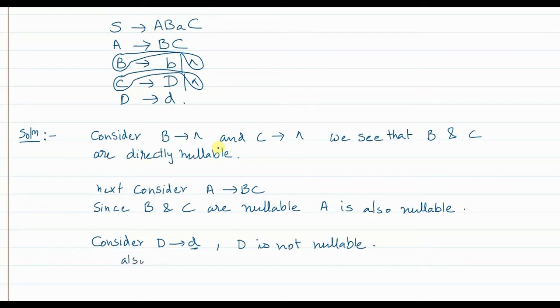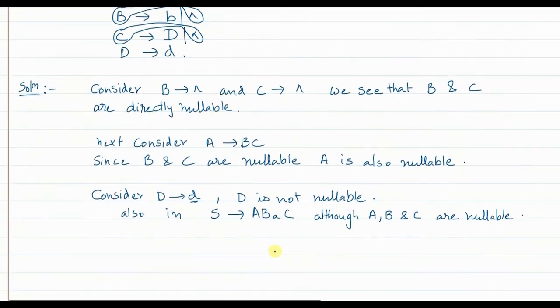Also, in the production S gives ABAC, although A, B and C are nullable, there is small a here, and as a result that cannot be replaced with null.